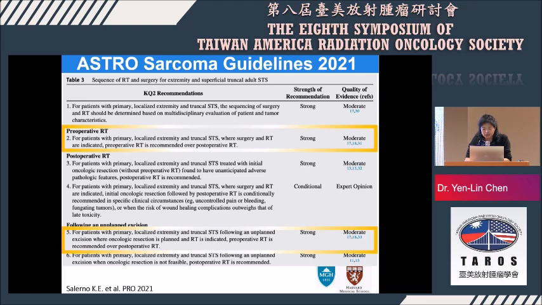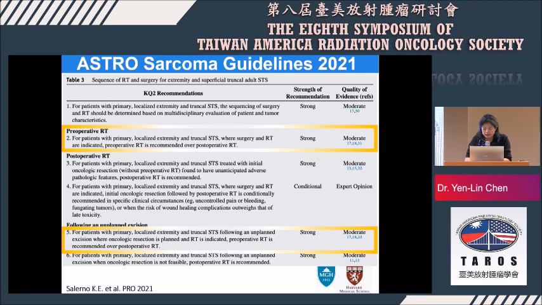Postoperative RT is strongly recommended for patients who have already had the initial oncologic resection and did not receive any pre-op radiation, or patients who might have adverse features for wound healing for whom preoperative radiation is contraindicated, for example, proximal lower extremity sarcoma in a patient who is diabetic or vasculopathic.